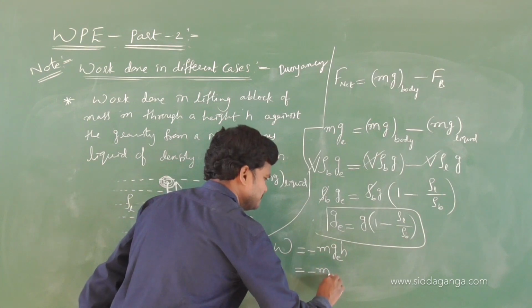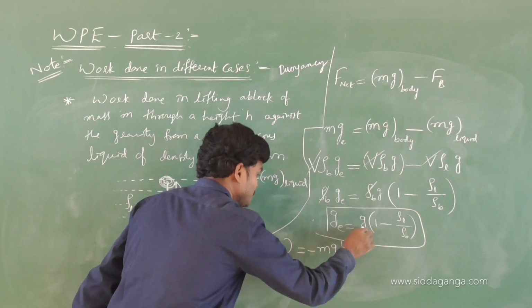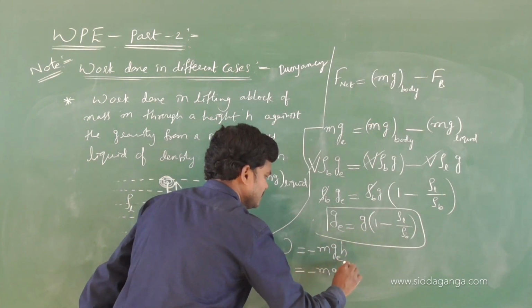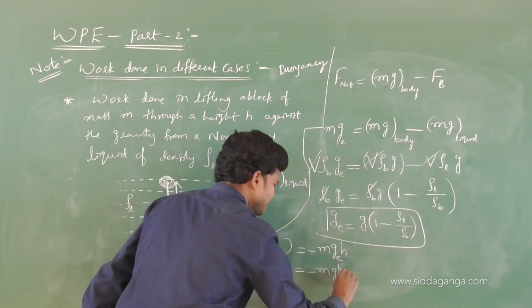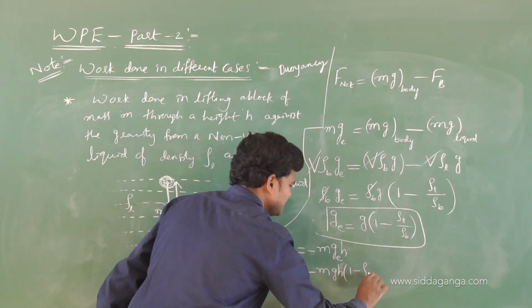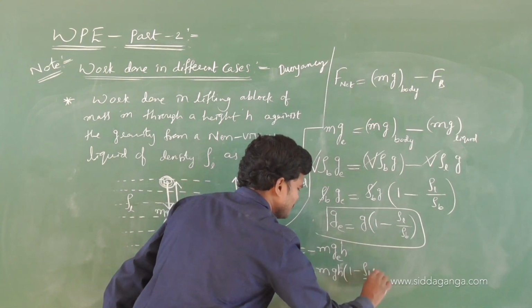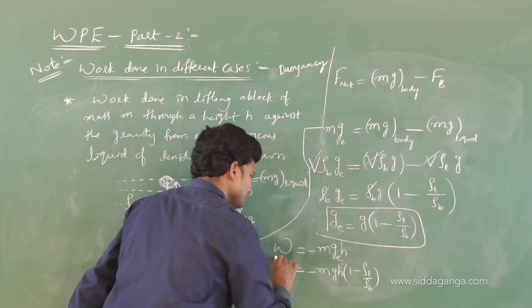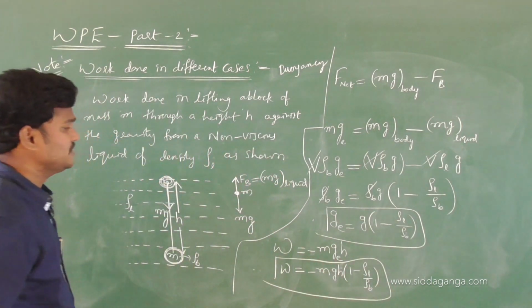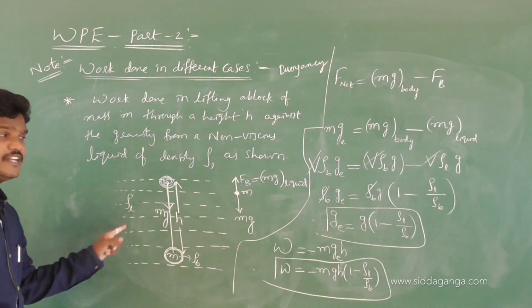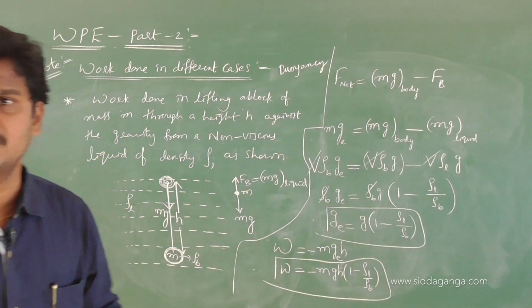Minus m, g effective, which is g into 1 minus rho L by rho B, times h. 1 minus density of the liquid by density of the body. This is the work done against gravity when lifting a block of mass m through a height h in a non-viscous liquid.